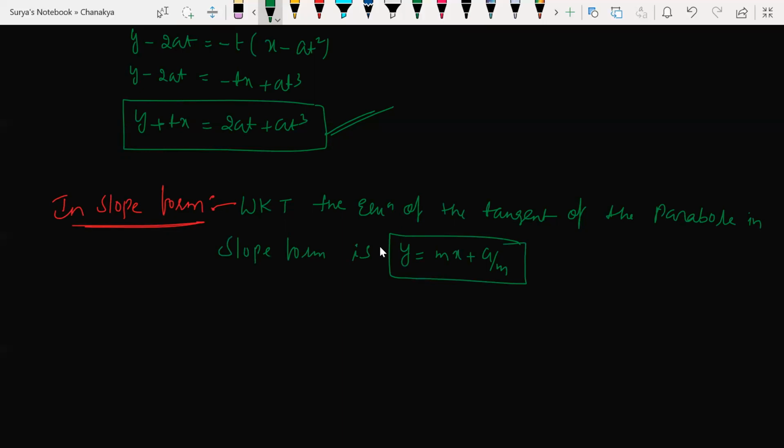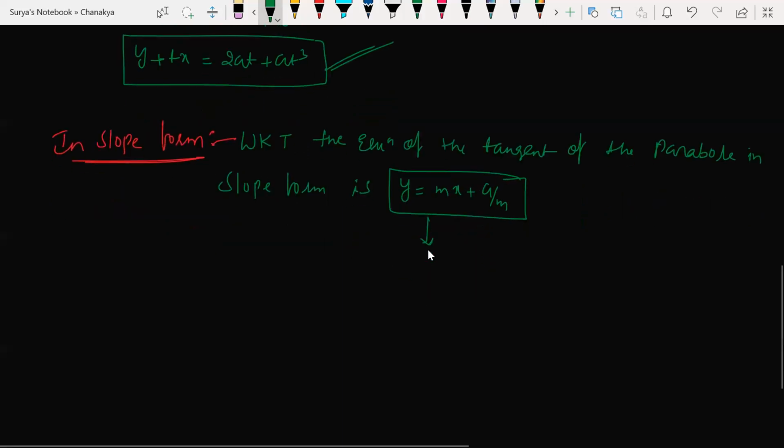From this I will find the equation of the normal in slope form. It is very simple. For finding this, let's say at the point a by m square comma 2a by m, this is a point.